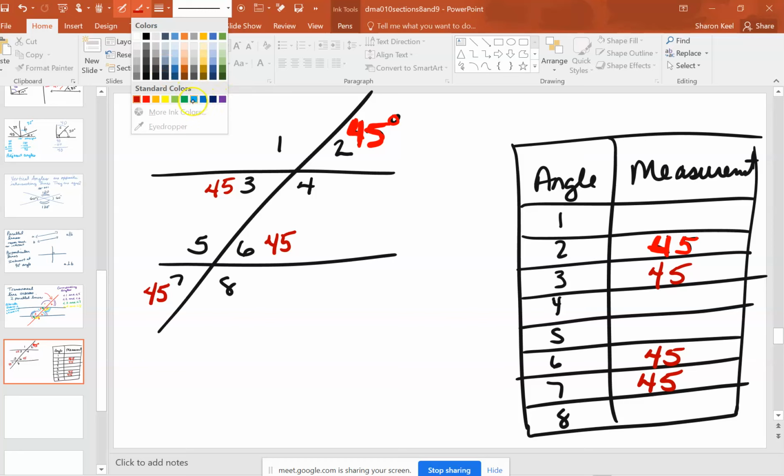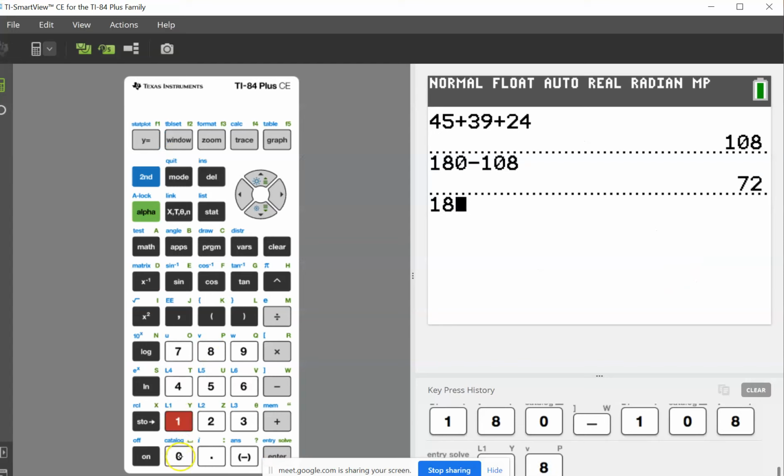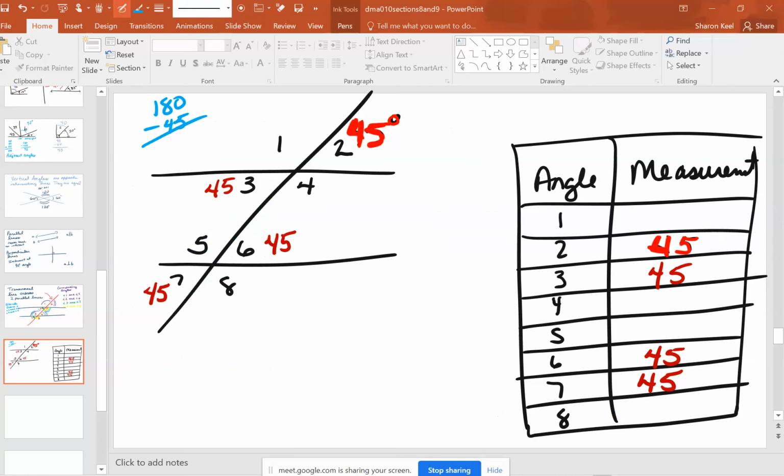Let's say I want to calculate what the measurement of angle 1 is. This is a straight line. A straight line is 180. So if I do 180 minus 45, I would find the supplementary angle of that. So angle 1 is 135 degrees.